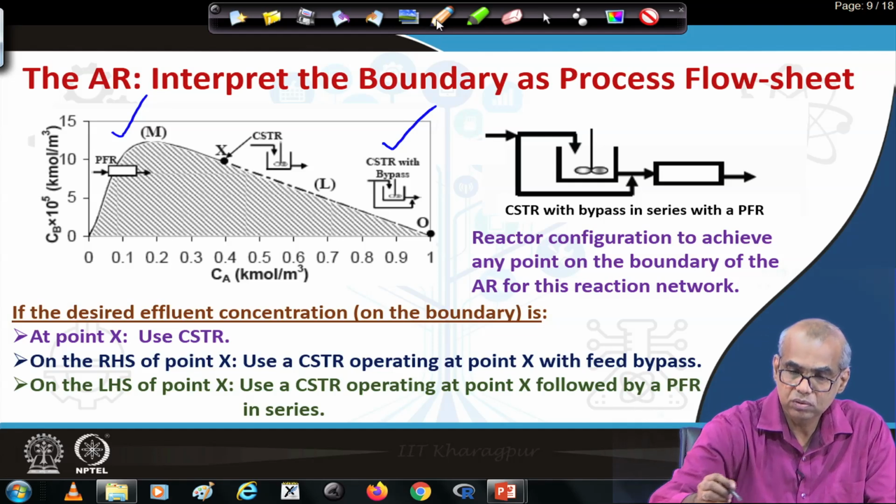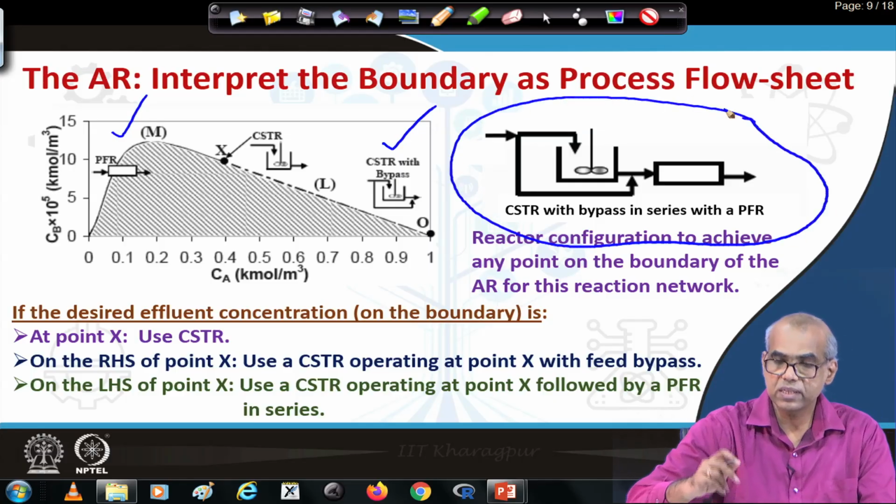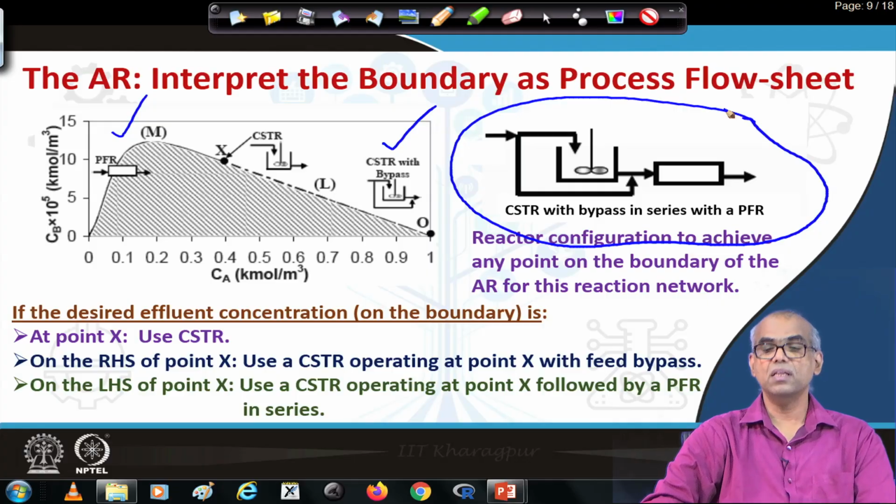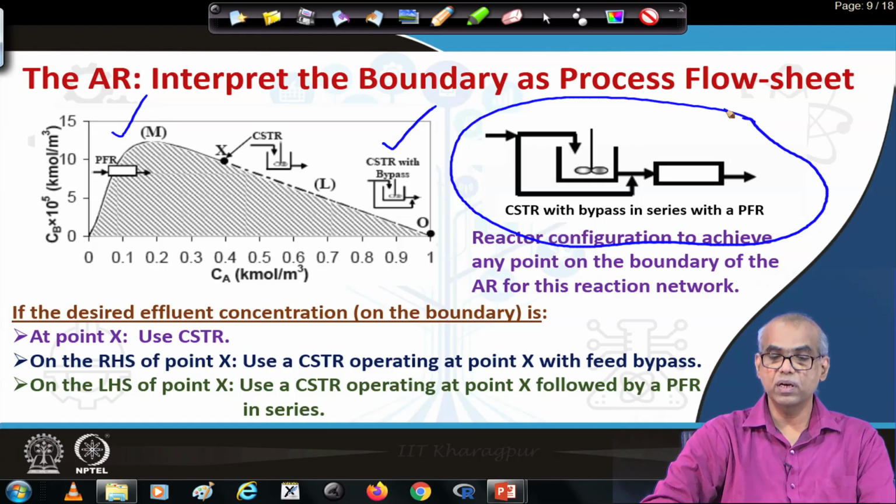So, this CSTR with bypass in series with a PFR is the reactor configuration to achieve any point on the boundary of the attainable region for this scheme.